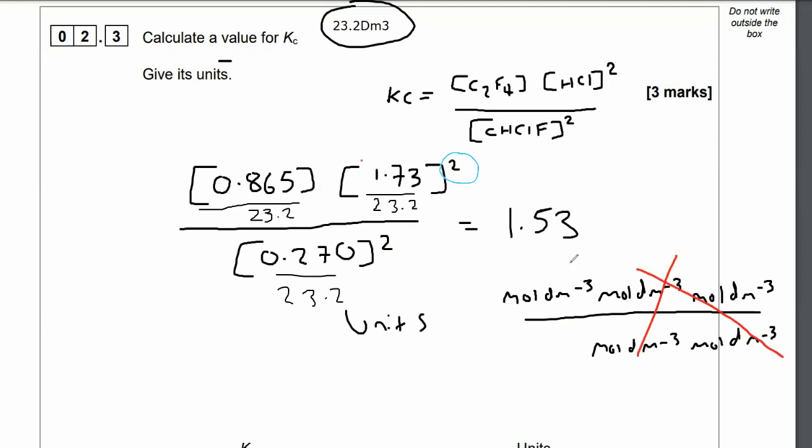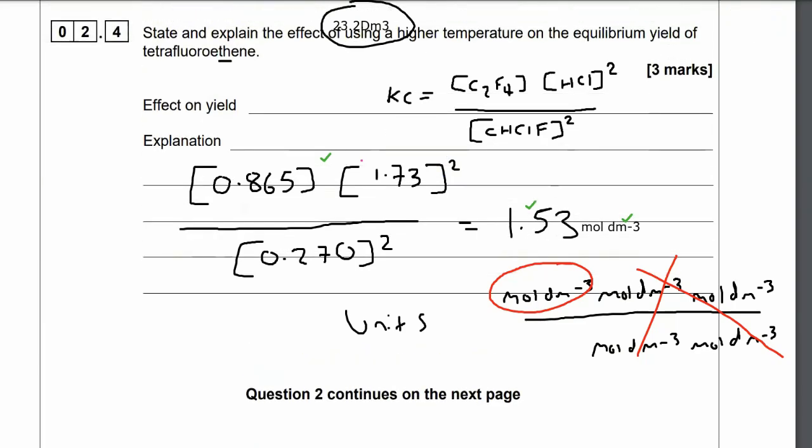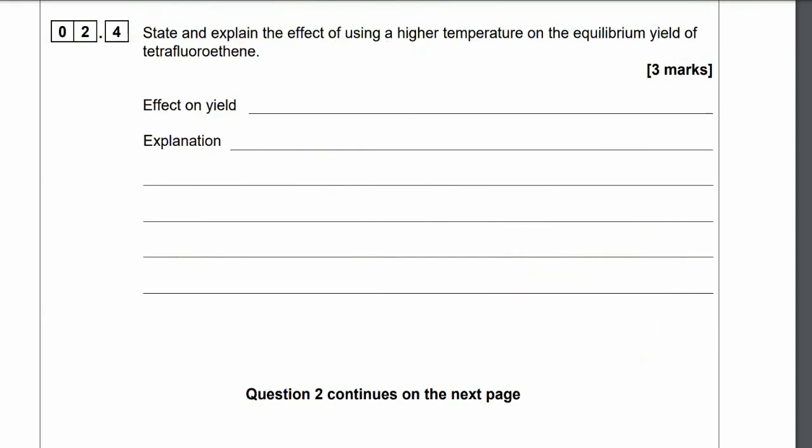And just with below, I have 0.270 to the 2, so I have 2 mole to the dm minus 3 there, which makes my units, because those all cancel out, mole to the dm minus 3. And so there's our answer, 1.53 mole per decimeter. 2 marks, or 3 marks, with the working out.